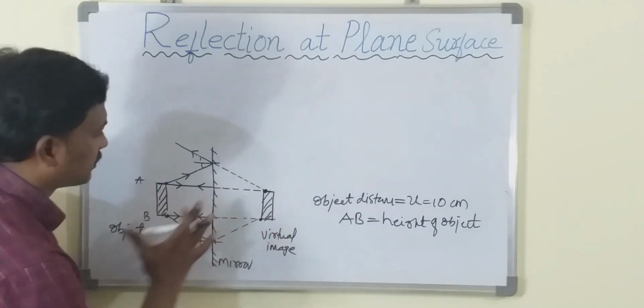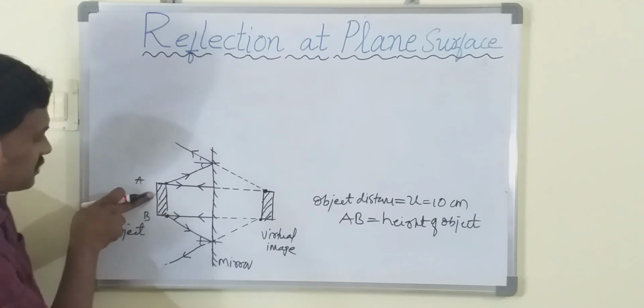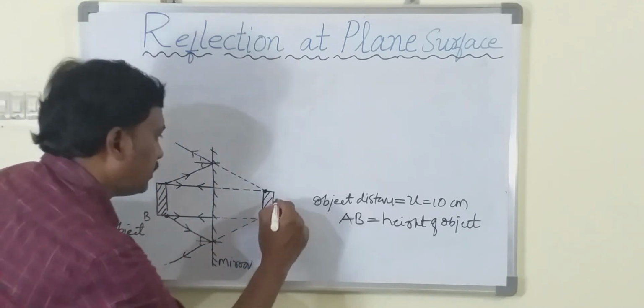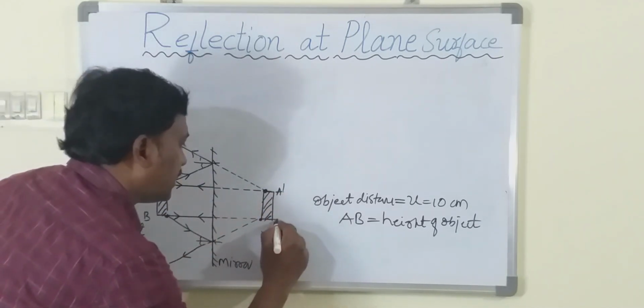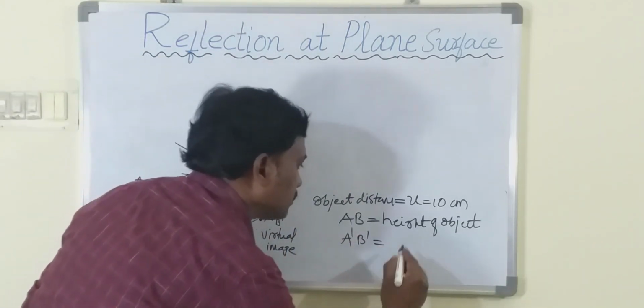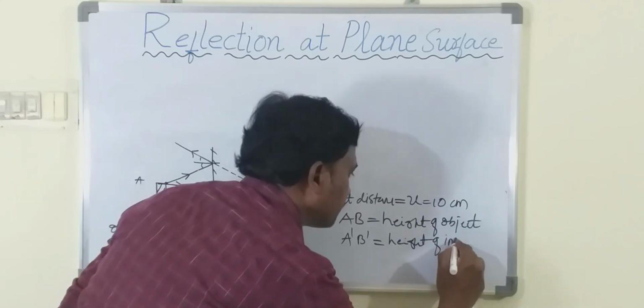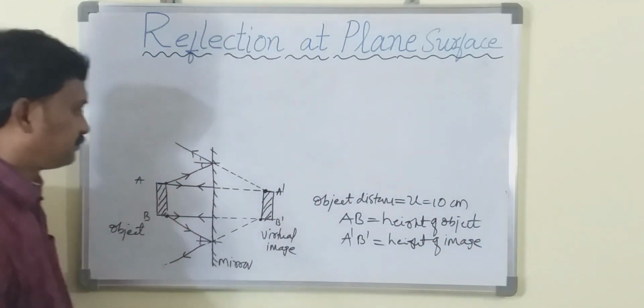And when you look at the diagram, you can see the object size and the image size. Let me denote image size as A dash, B dash. So A dash, B dash. So this is the height of the image, right?